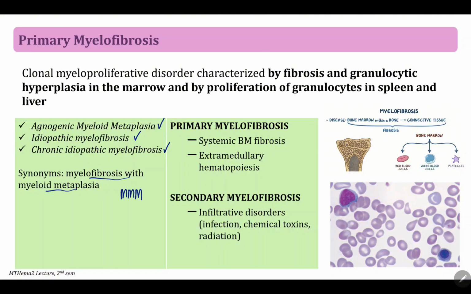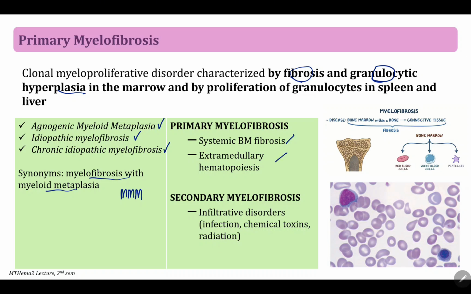Now, this is a clonal myeloproliferative disorder characterized by fibrosis and granulocytic hyperplasia in the bone marrow and the proliferation of your granulocytes in the spleen and liver. Now, this can be classified as primary or secondary myelofibrosis. Primary myelofibrosis is characterized by systemic bone marrow fibrosis and the use of your extramedullary hematopoiesis.